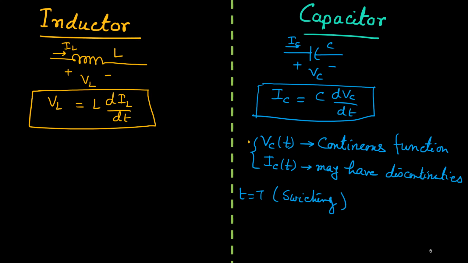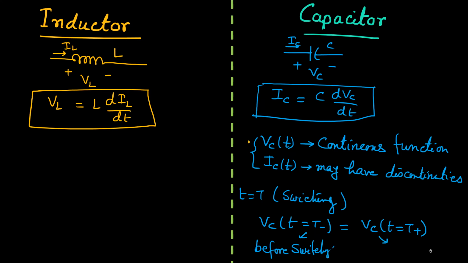Then you will see that VC at t equals T minus, the voltage level before switching, will be the same as VC at t equals T plus, just after switching.